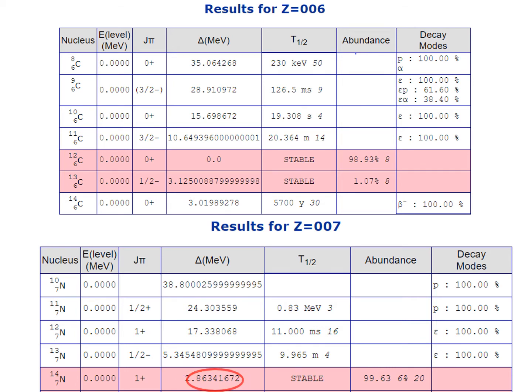The nitrogen data, Z of 7, nitrogen-14, is shown here. So again, the Q value would be the parent, 3.01989, minus the daughter, 2.86341. And that's how one can calculate the Q value for that specific reaction.